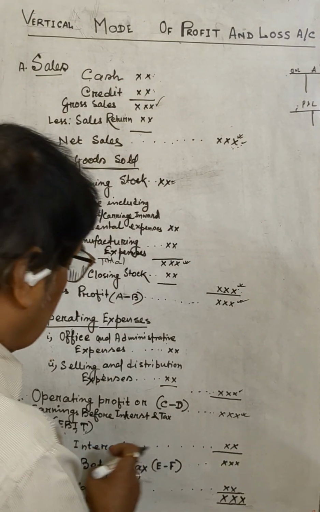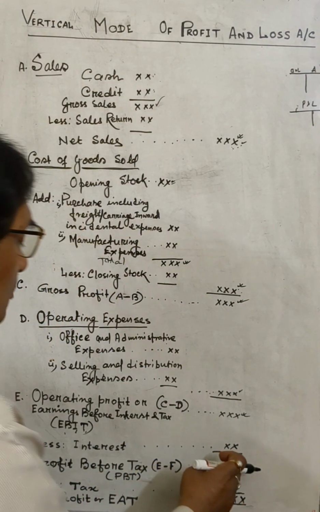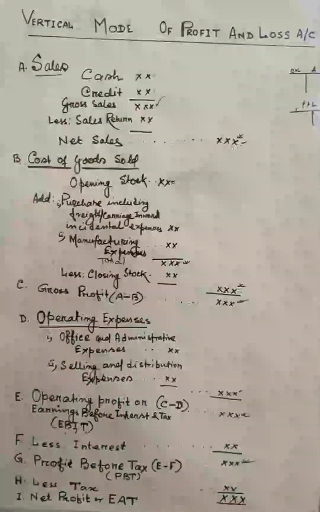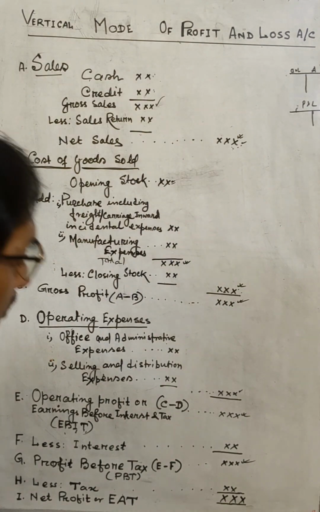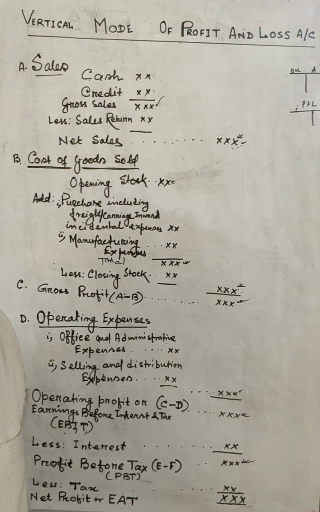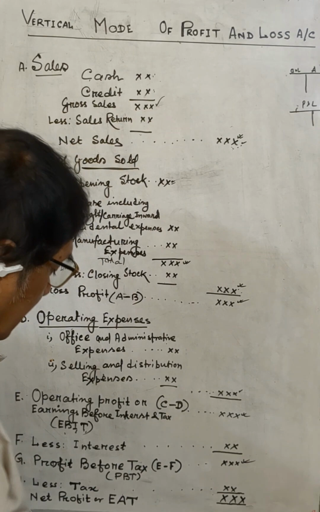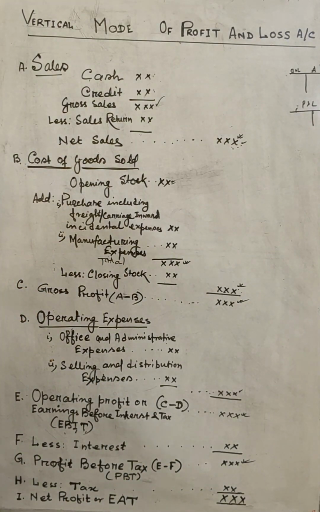So after subtracting the interest, the residual amount, the difference, is called profit before tax. What remains, after that you have to pay the tax, income tax. That's why it is called profit before tax. This is the last part of the expenses required for any industry or business.